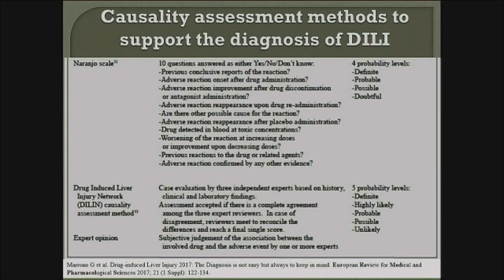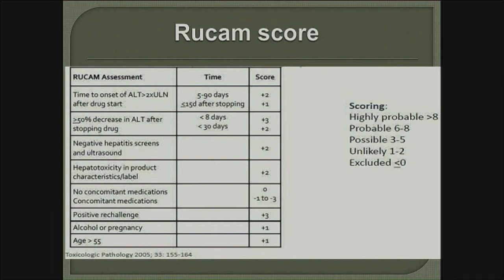These are other scales like the Naranjo scale and Dillon. We can use these scores to help assess causality.